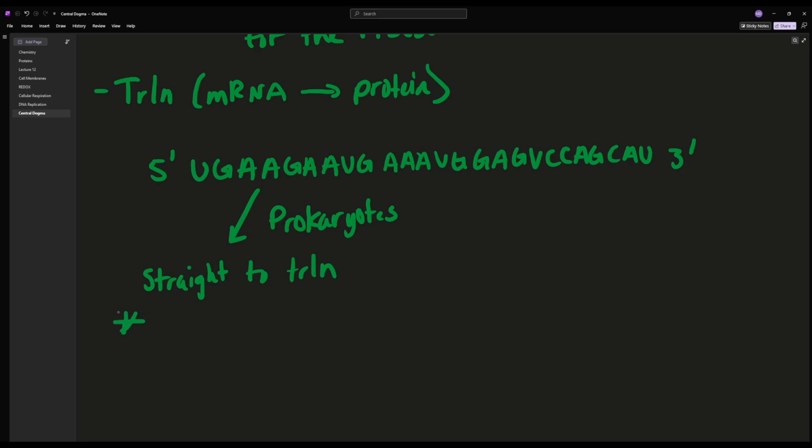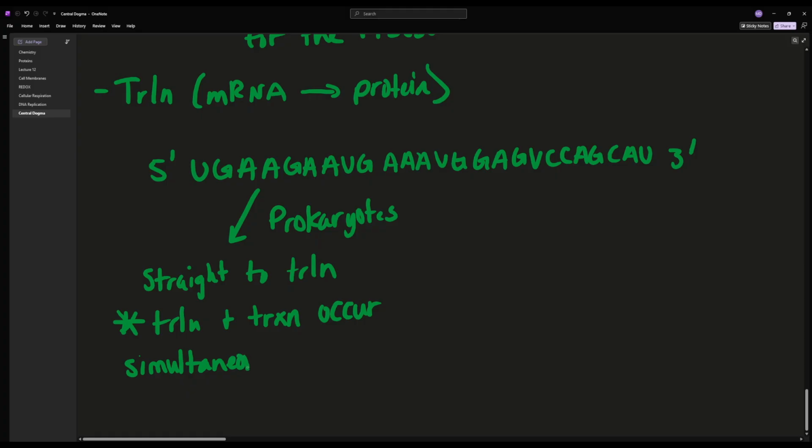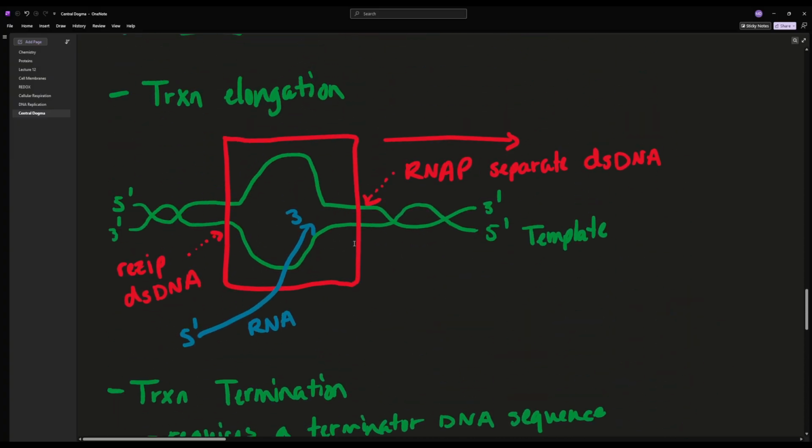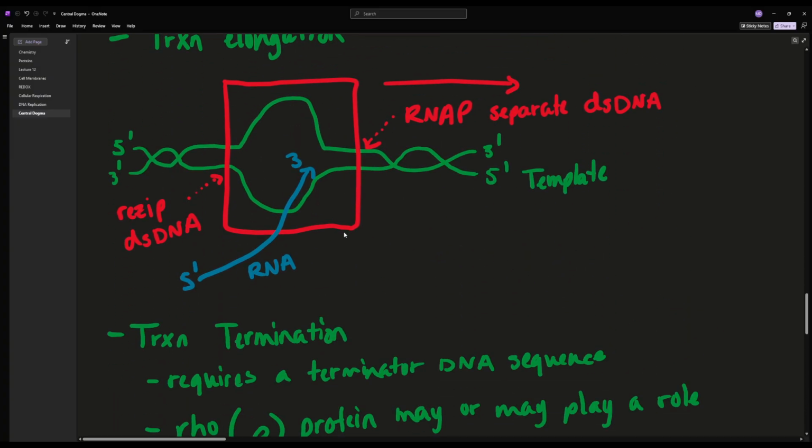Very importantly, translation and transcription occur simultaneously. They are coupled. This is really important. Okay, if we go back to our drawing up here, in prokaryotes, this transcription is occurring in the cytoplasm.